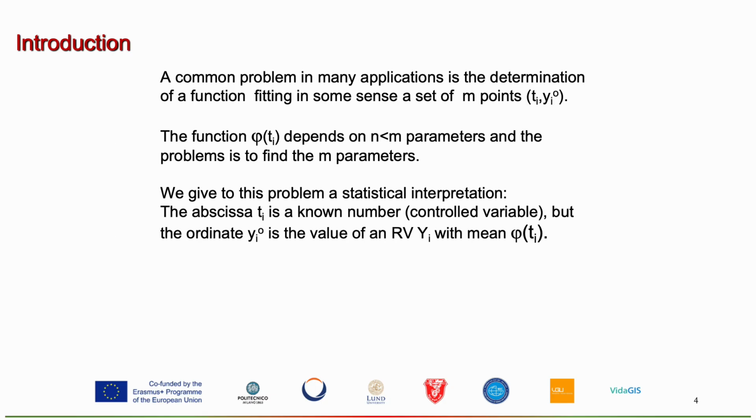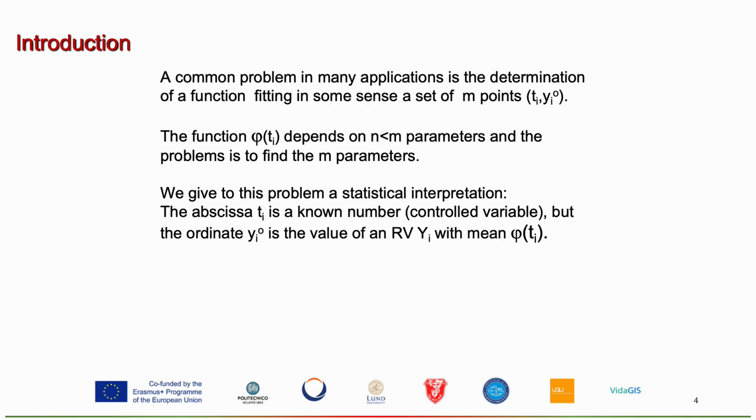Okay, so let's introduce least squares for a very common and simple problem. The problem that is common to many applications is the determination of a function that fits in some way a set of m points that are given, a couple of points to be precise, t_i and w_i, where t_i are given values.